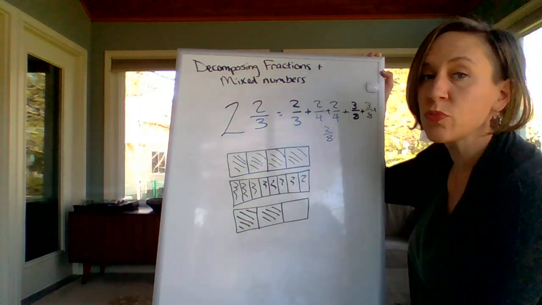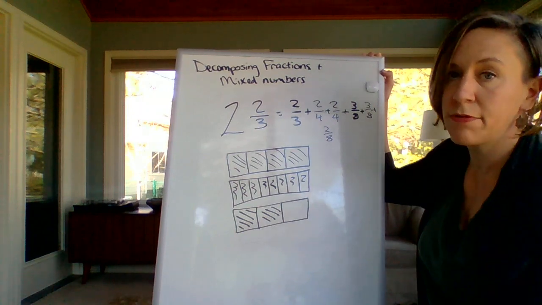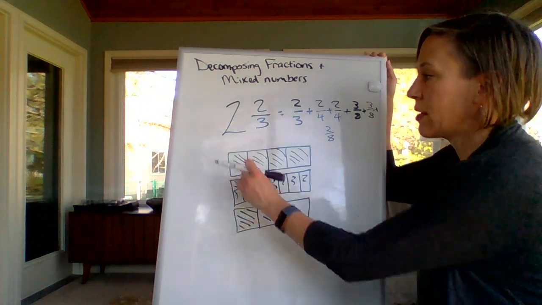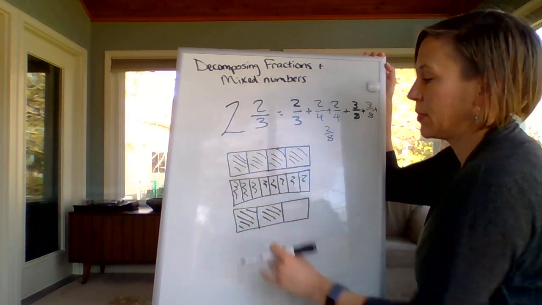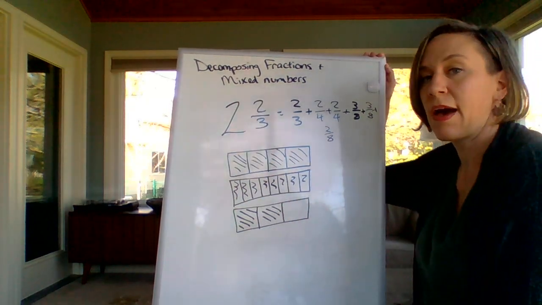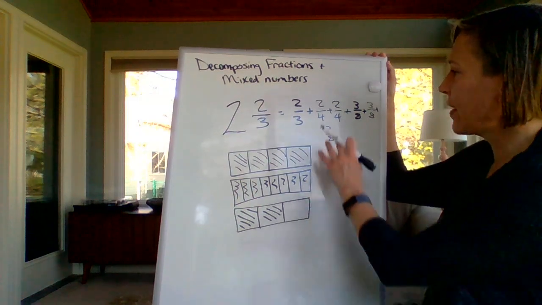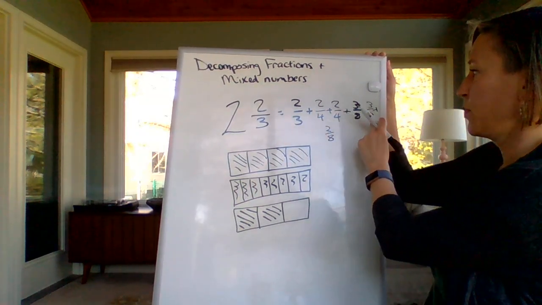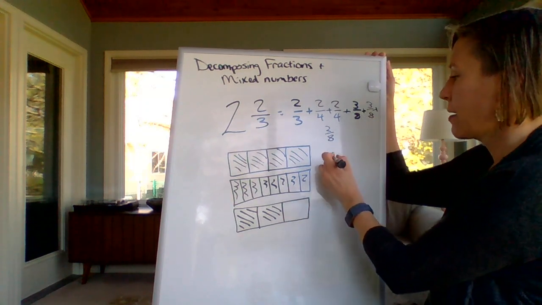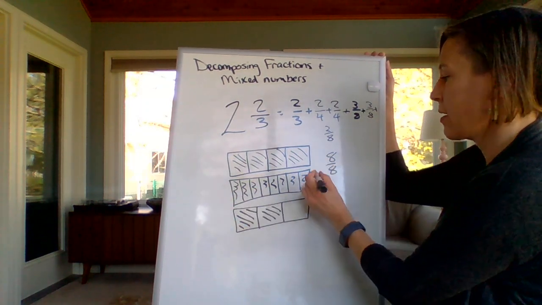Okay? Now that's a really long addition sentence, and it looks kind of funny, but they're just showing you that we can take any mixed number, okay, and divide it up into different pieces and parts and have it equal the same amount. If I did all of this addition, 2/8 plus 3/8 plus 3/8, well, that would be 8/8, okay?